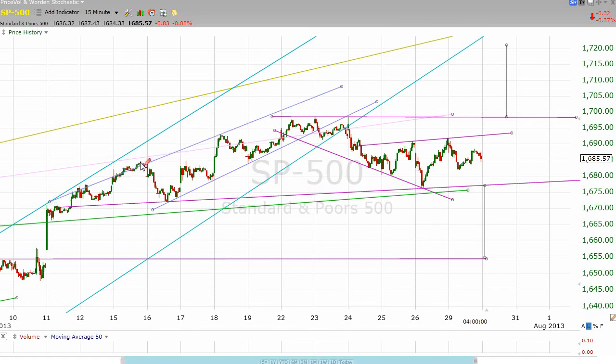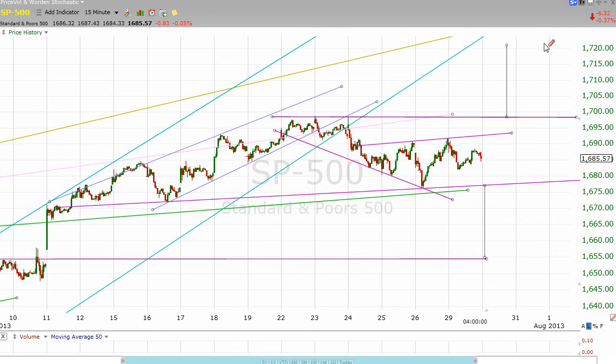And now we come to it 10 days later, and here we are at 1685. So really this has been mostly sideways action. And the longer we go sideways, I think the longer we have to be open to the idea that this may just be a consolidation that leads, I'm thinking, with a predisposition towards an upwards breakout.